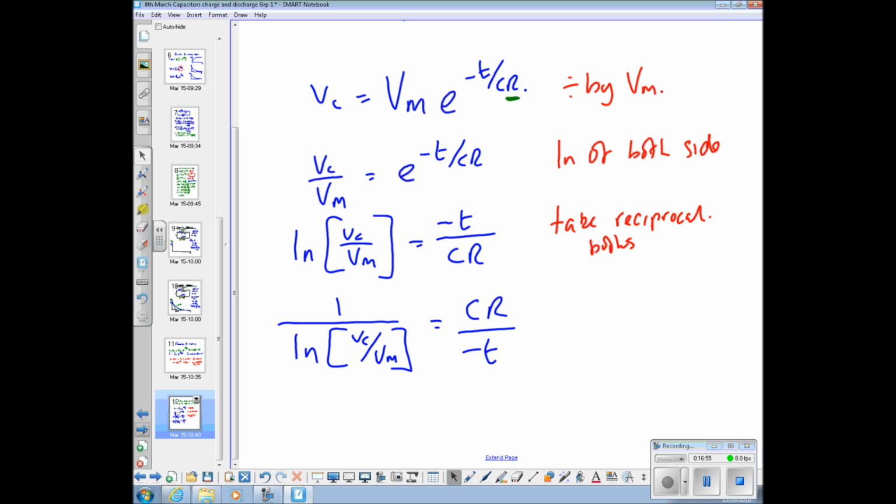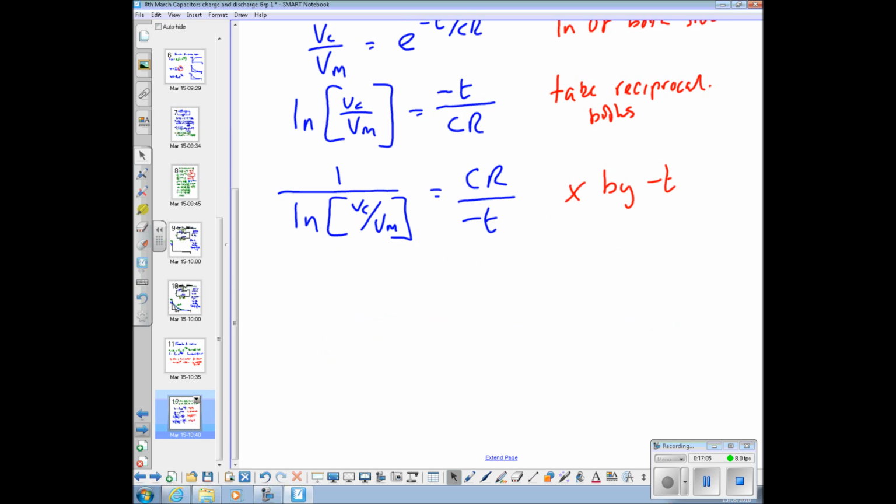Next, multiply by minus t. I'm going to take the chance to put CR over on the left-hand side now. So CR is equal to minus t over ln little vc over Vmax.